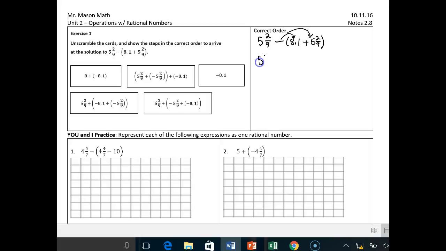So we have 5 2/9 minus 8.1, because a minus sign times an 8.1, or a negative times an 8.1, and minus, sorry, plus minus 5 2/9. All right. In doing that, we hopefully can see something right off the bat.